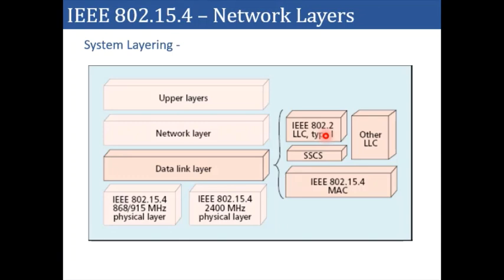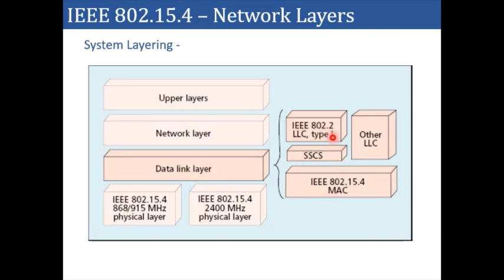Here, since the sensor nodes are power constrained, the sensors just send the data and sleep without waiting for acknowledgement. So that's why in this case type 1 is the service which is best suited, which is basically the unacknowledged connectionless mode for data services.